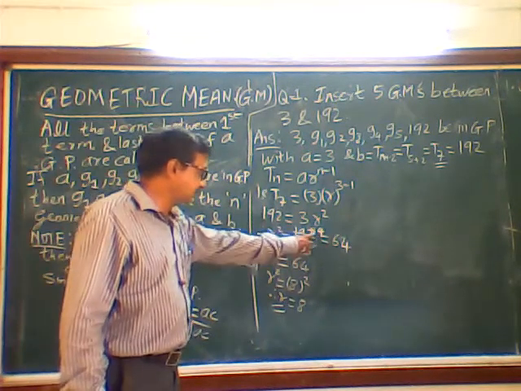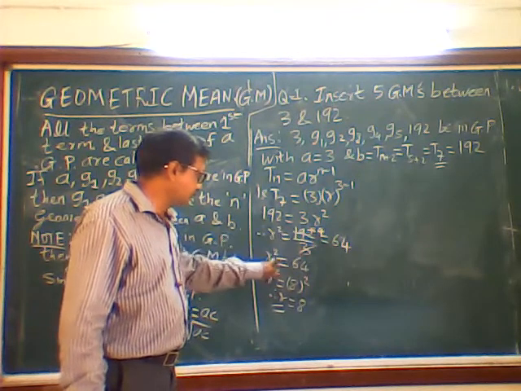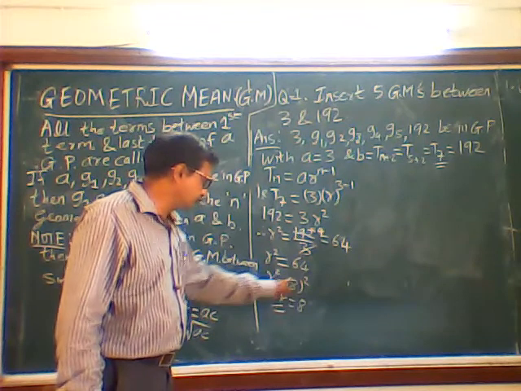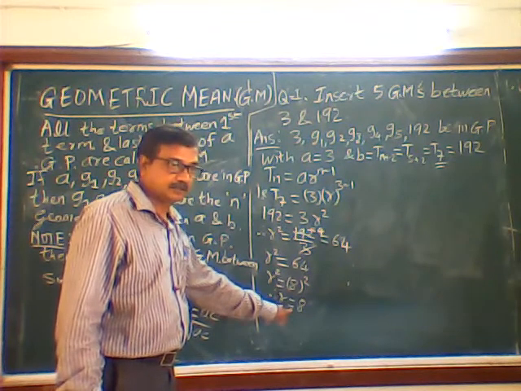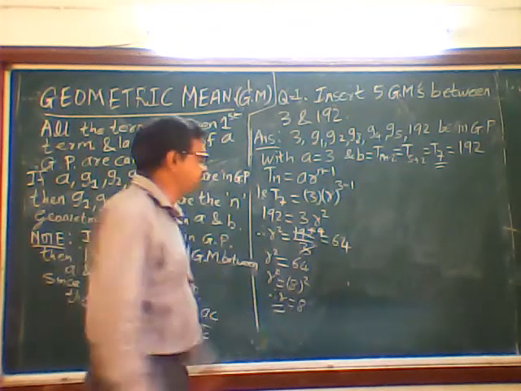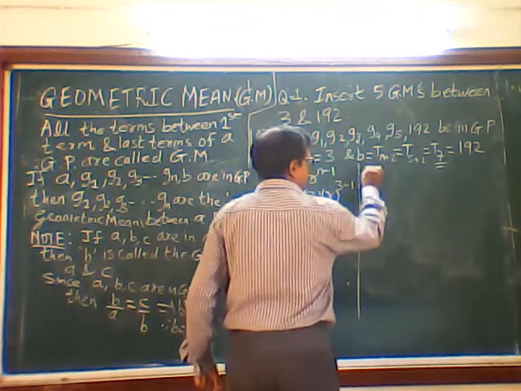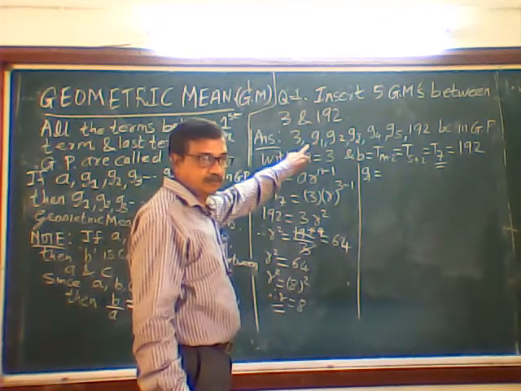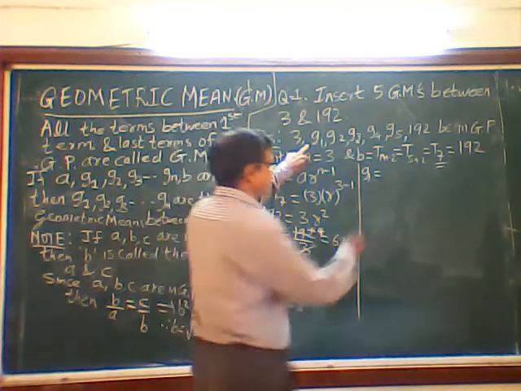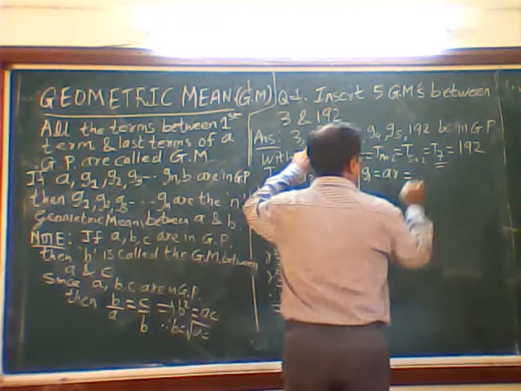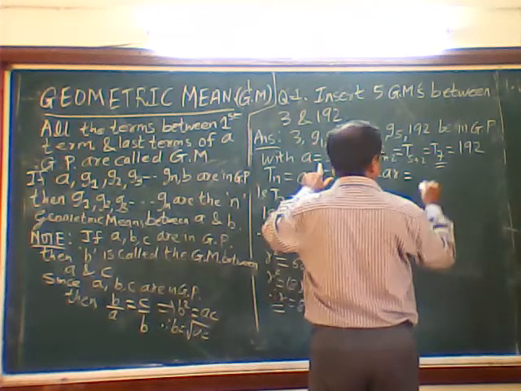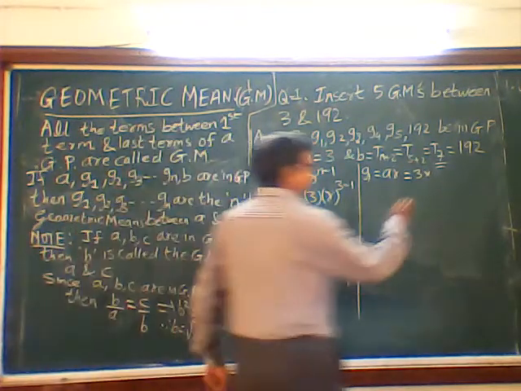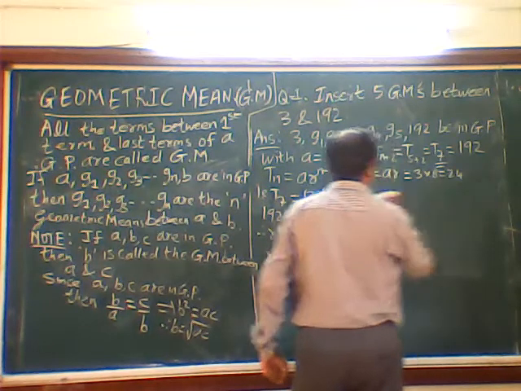Now one by one we will find G1, G2 and the others. The first term is A, and the second term in a geometric progression is AR. A is 3, R is 8, so 3 into 8 is 24. Then what is G2?